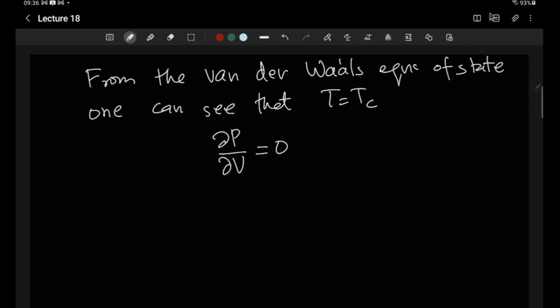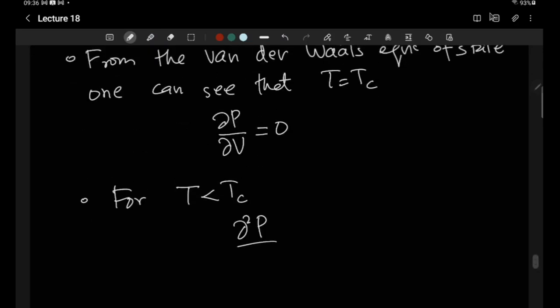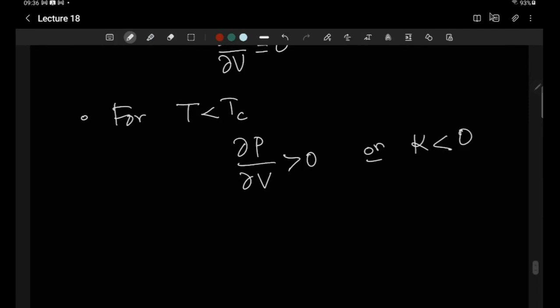So this is what you should see. And for T less than Tc, we will start seeing that d P by dV is greater than 0, so you can start getting kappa_T negative. Okay, so we start seeing that there is an instability.